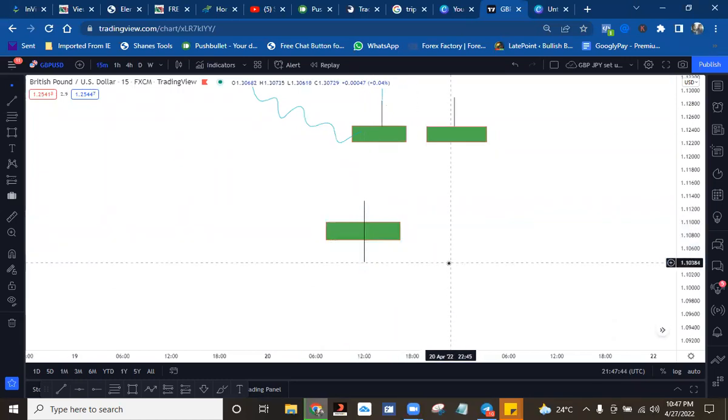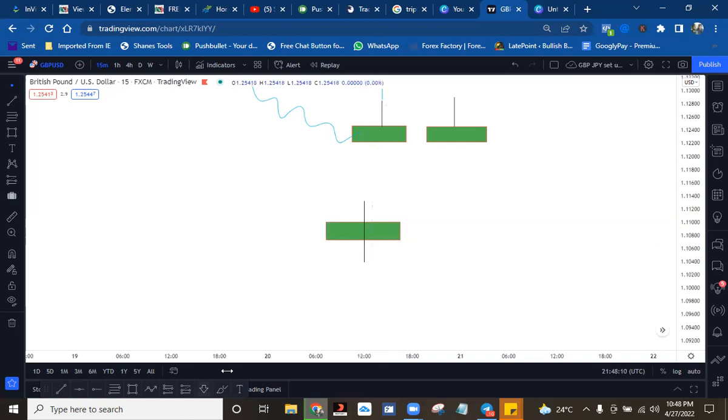But it can also signify indecision. It opens here, it closes here, so there was little activity around there. The spinning top is effective at the end of a downtrend or at the end of an uptrend.